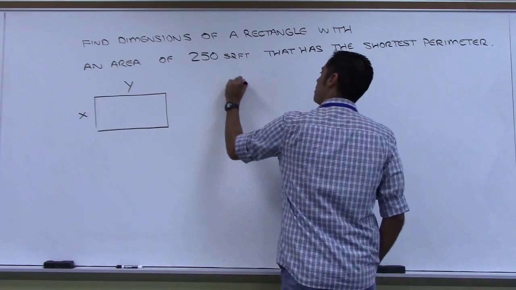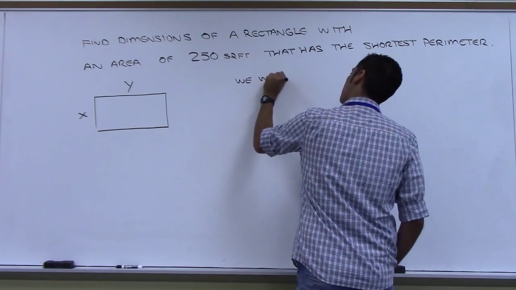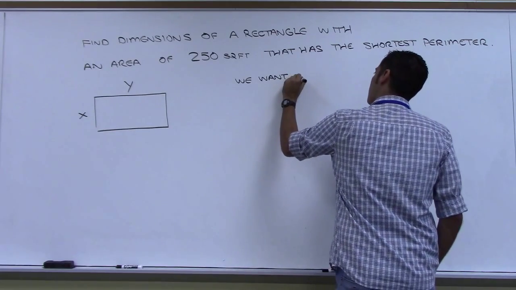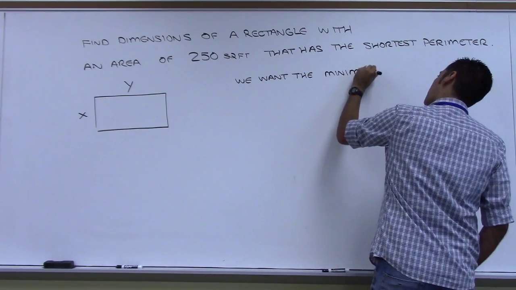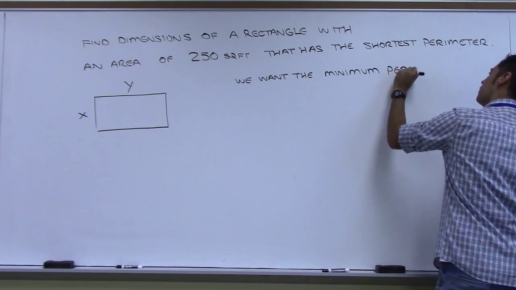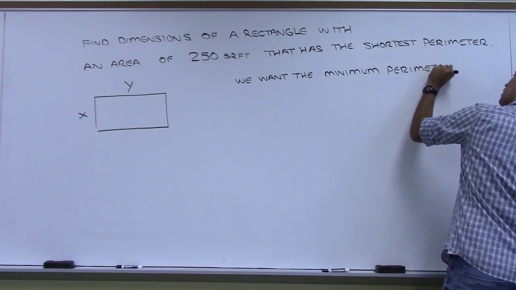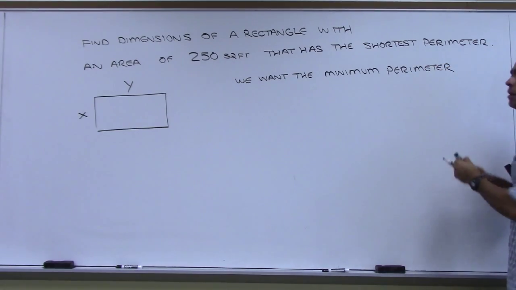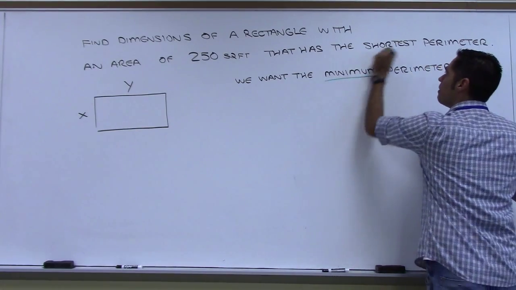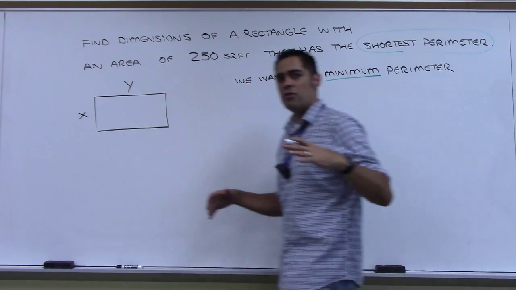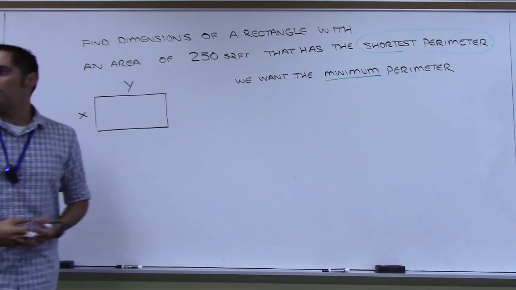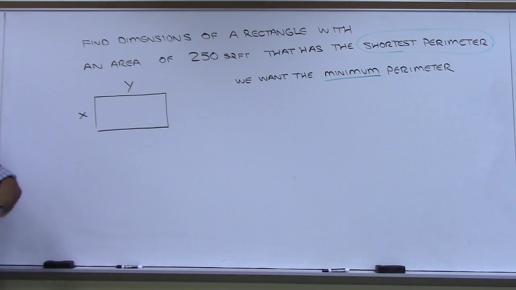So we want the minimum perimeter, don't we? Notice my choice of word here. I'm using minimum instead of shortest, right? In the word problem, I used shortest not to give away minimum. But now that we're thinking that this is going to somehow be tied to the graph of a function, I'm looking for a minimum value, right? Lowest value on the curve.